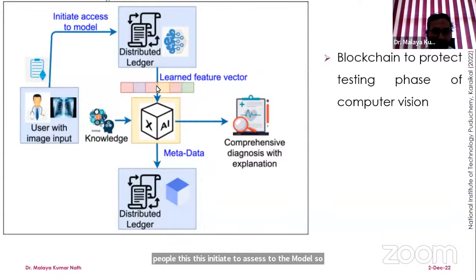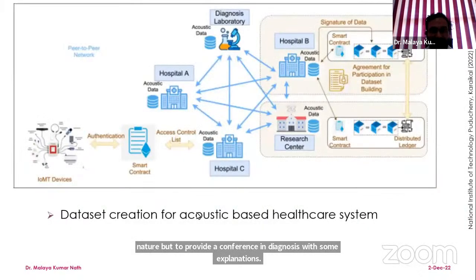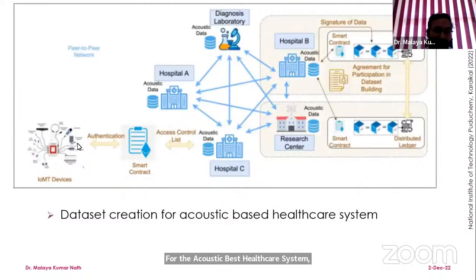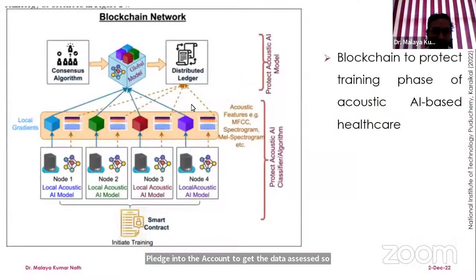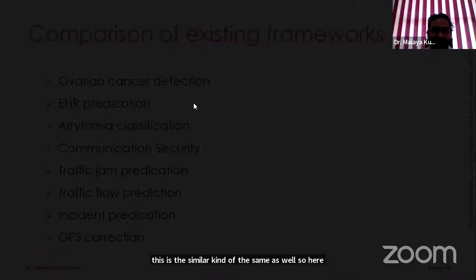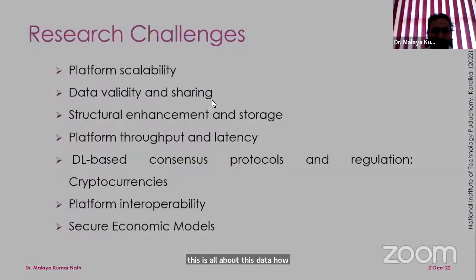Once the feature vector is generated, this looks into the distributed ledger to provide a comprehensive diagnosis with some explanations. Similarly, there is database creation for acoustic based healthcare systems, where sensors are placed to get the databases. This is similar to the previous work, and similar to that of NLP also. So this is all about data creation as well as how blockchain has been used in healthcare sectors.